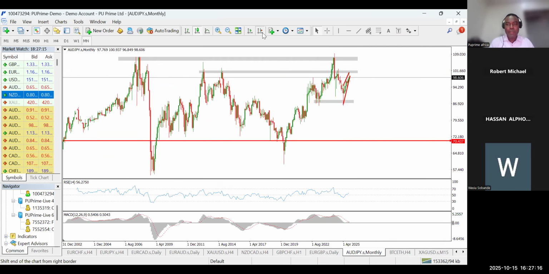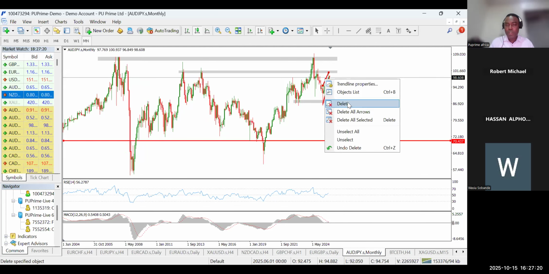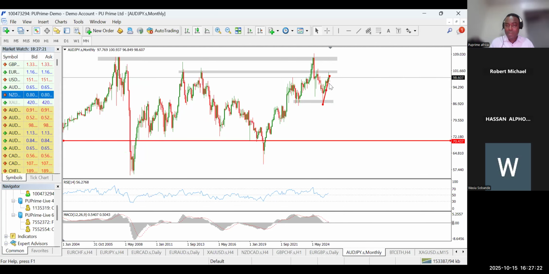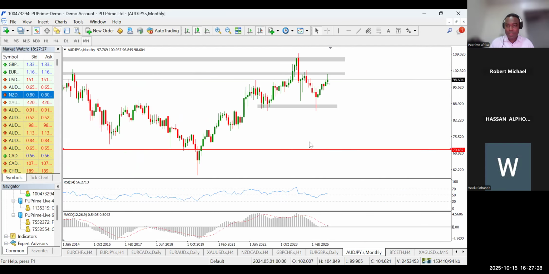On the multi-time frame, please take note of the condition for this. Today is the 15th of October. If the market closes by the end of this month with this rejection candle on the AUD, please take note of what I'm saying. If that rejection candle fails, well, the setup may change.